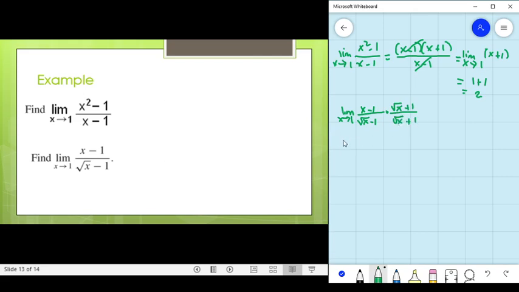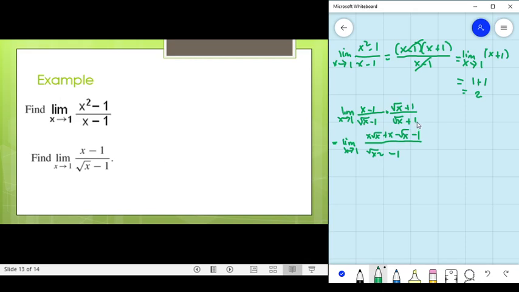So simplifying, the numerator becomes x square root of x when we multiply x times square root of x plus x times 1 is x, minus the square root of x minus 1, all over the square root of x squared minus 1, because square root of x times square root of x is the square root of x squared.